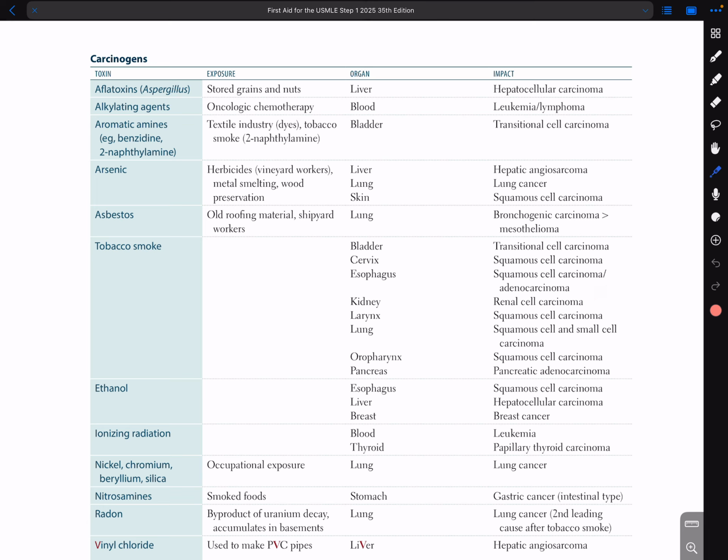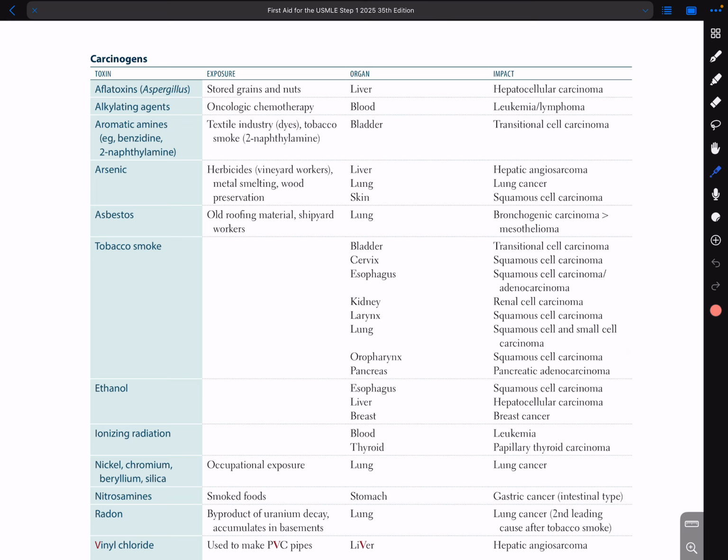Lungs: squamous cell and small cell carcinoma. Smoking: squamous, small, lungs.